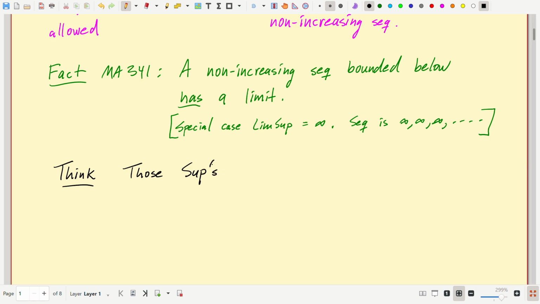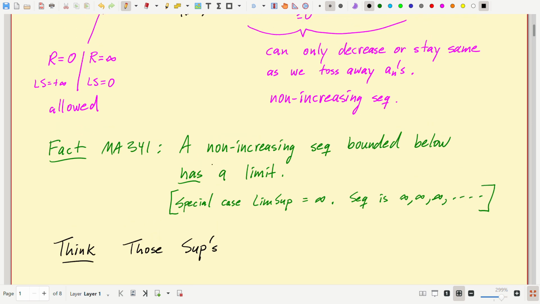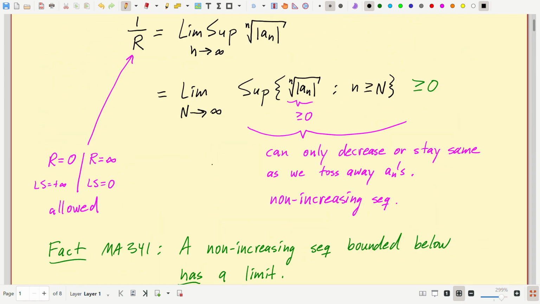Supremum, also known as the least upper bound. Did I mention that? Yeah, the sup is equal to the least upper bound.